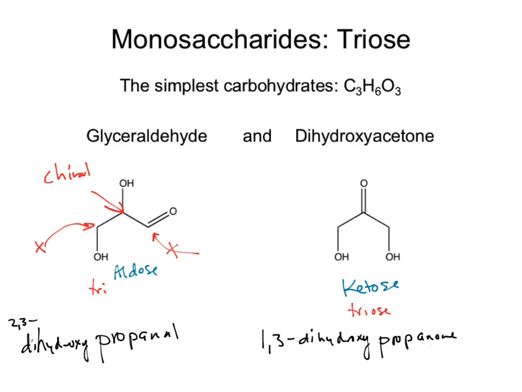Which then means we aren't looking at two possible trioses. We have three, where we have two glyceraldehydes that are enantiomers of each other. The dihydroxyacetone, we don't have to worry about. There's only one, because there's no chiral atom.